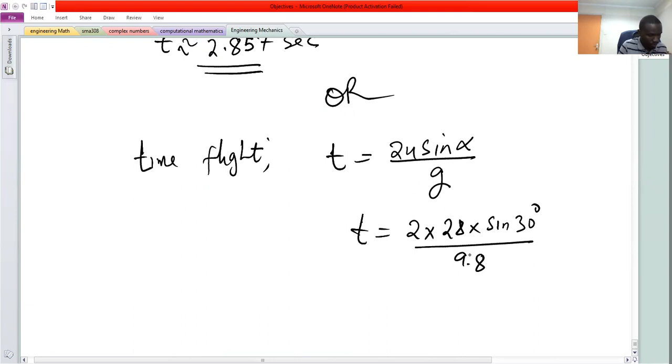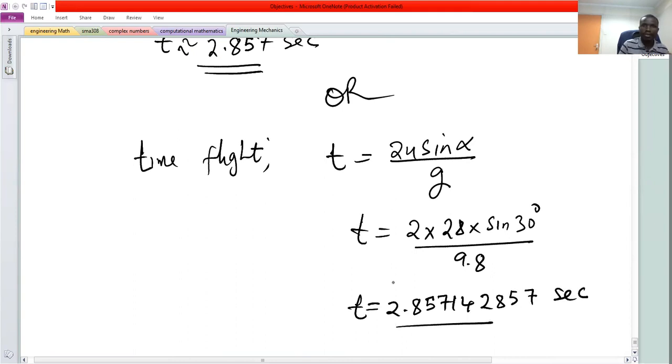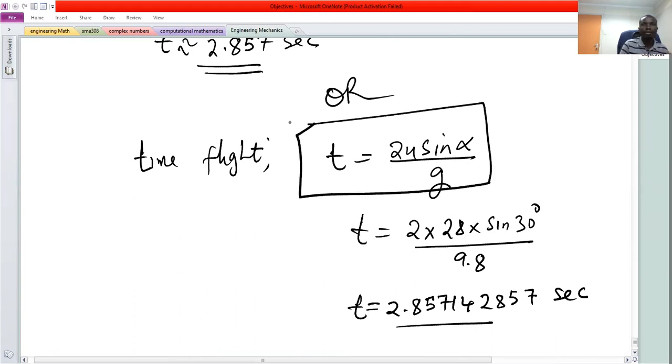When you work this out, you still get the same answer, t equals 2.857142857. So you can either use this formula from what you derived previously, or you can go the long way and still get the same answer.